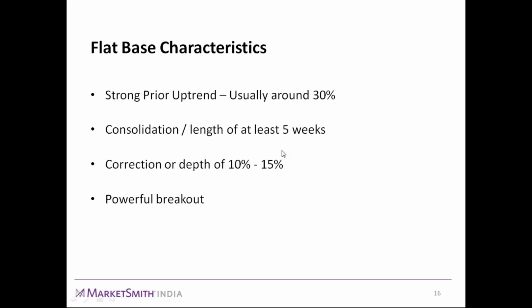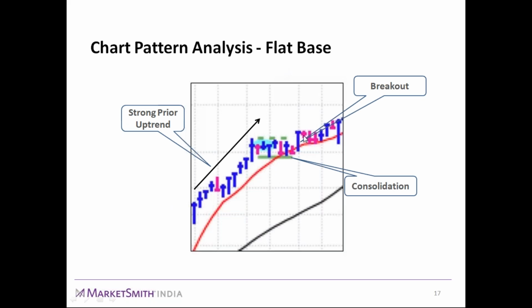And the correction or depth of the stock from the highest point before starting the pattern would be slightly lower, around 10 to 15 percent. And as with any of the other patterns, we need to see a powerful breakout the moment it is breaking out of the pattern. So here, when you see the breakout of the flat base pattern, you need to see that it's happening on a higher volume as well.